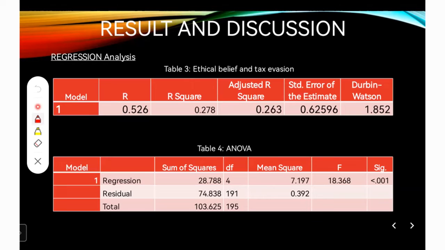The first table shows ethical belief and tax evasion, the R-square, and everything. The R-square is 0.278, which means 27.8% of the total variation of the dependent variable is explained by the independent variable. Next is the significance value, which is less than 0.05. This indicates that the study is valid and we can proceed with it.